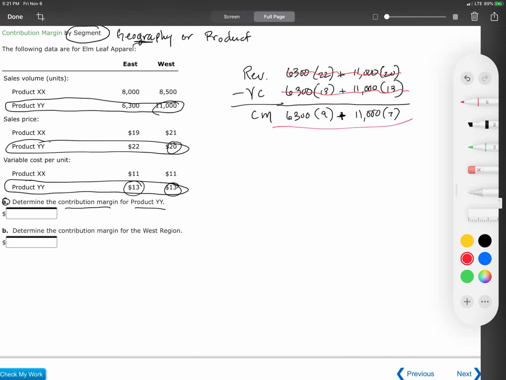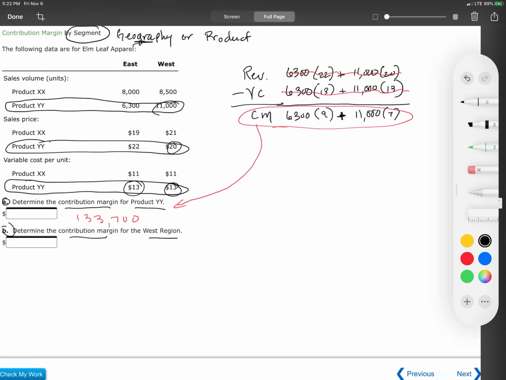I don't really need all this or this. I just have to multiply this contribution margin line to get my answer. And so this goes here, and it is 133,700.